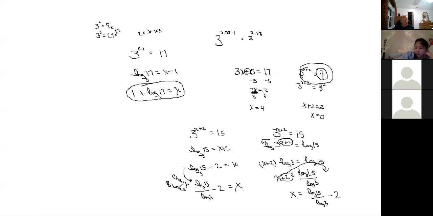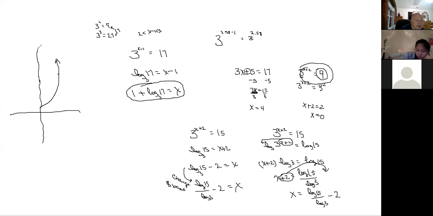If you have an exponential function, let's say a graph looks like this, I'll start it over here at the y-axis, and then the graph just goes up. That's exponential. And I'm going to show you why we do this.